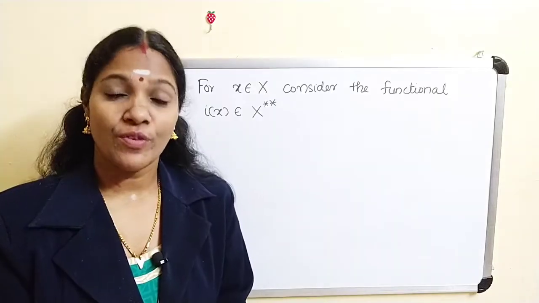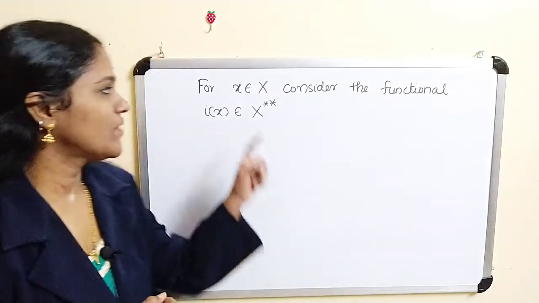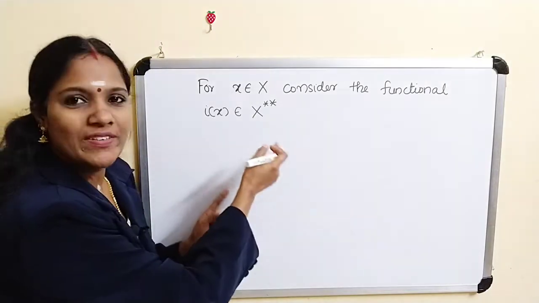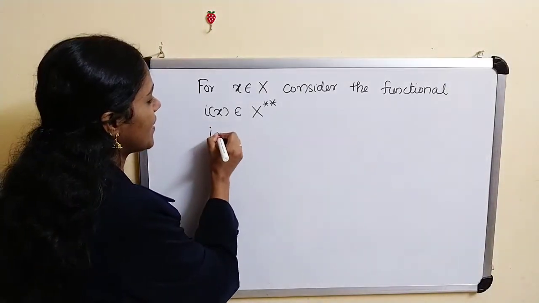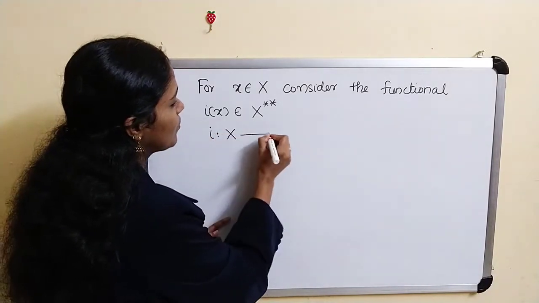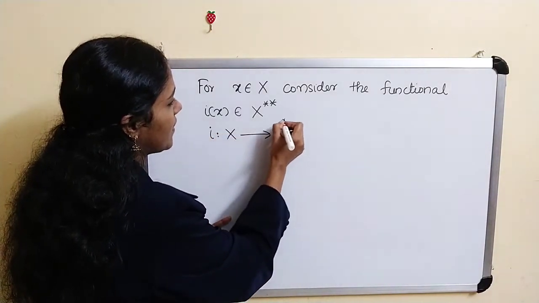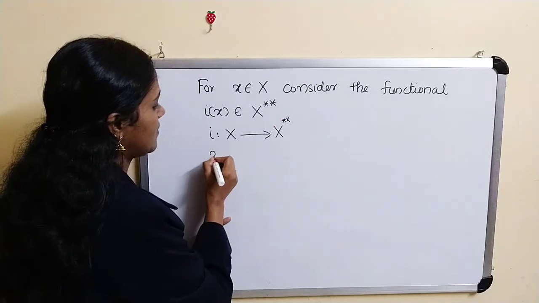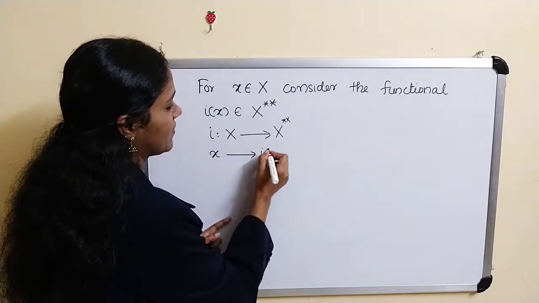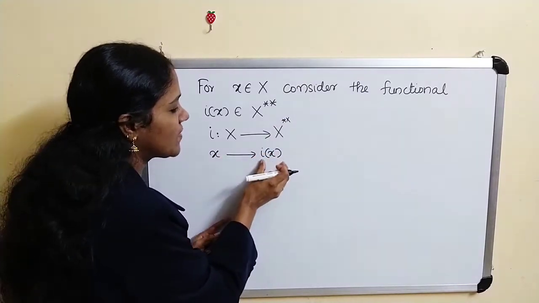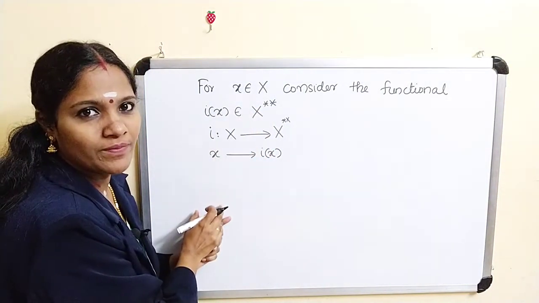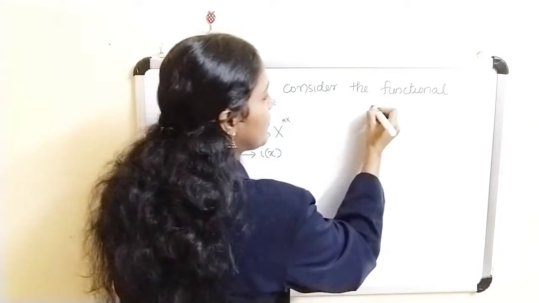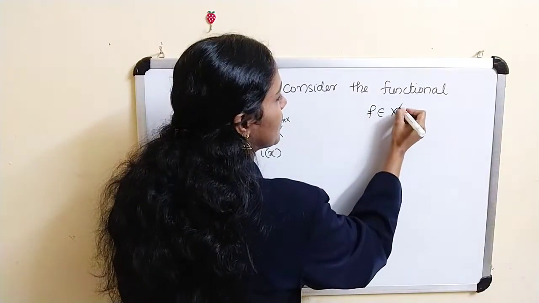Now for x belonging to X, we consider I of x belonging to X double star. That is, we define I from X to X double star as x goes to I of x, and I of x must be an element of X double star. F belongs to X star. What is the meaning of that?